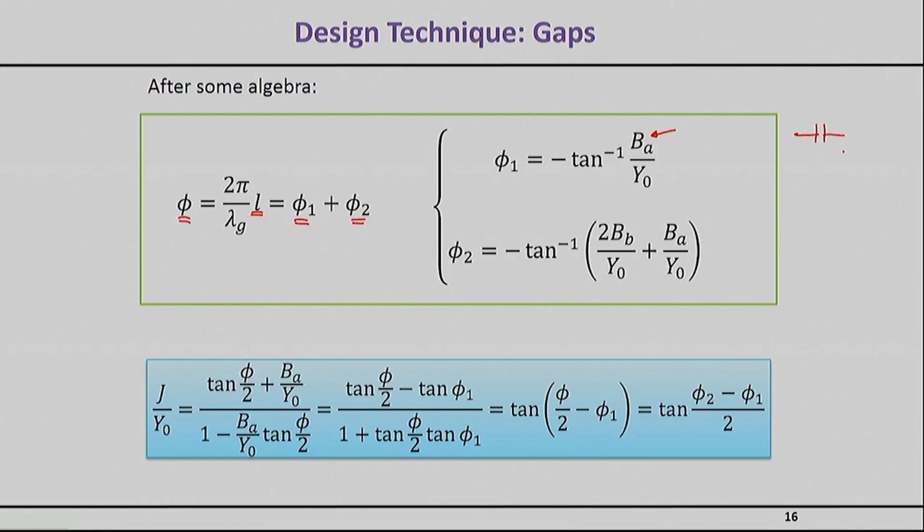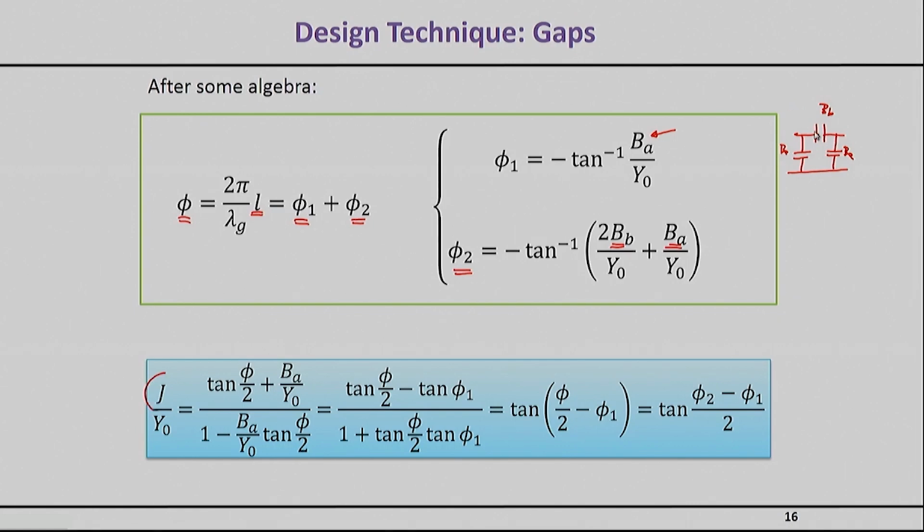If you remember, the equivalent model for the gap is this one here, where we have BB here, BA to the left and to the right. So that's the BA that you see up there. And then phi2, the angle here, is also related to this BA and this BB. So one more step is required to make that link more explicit.